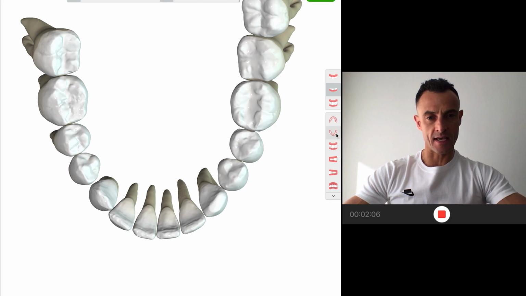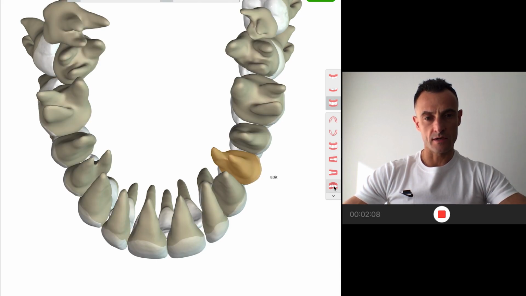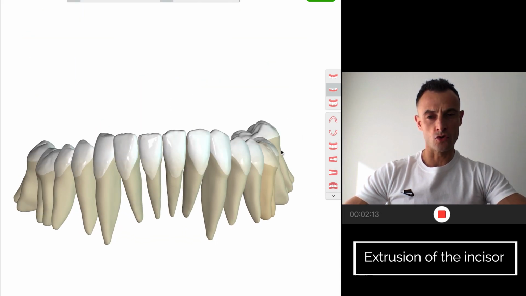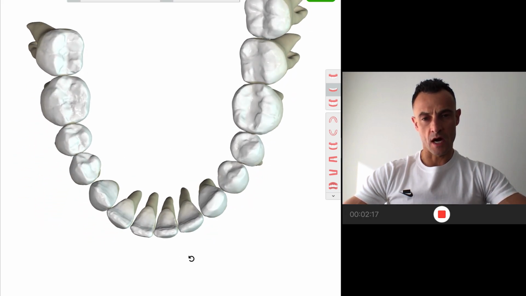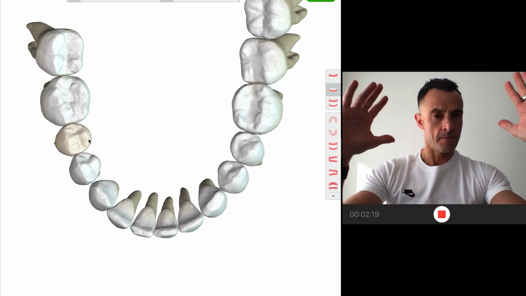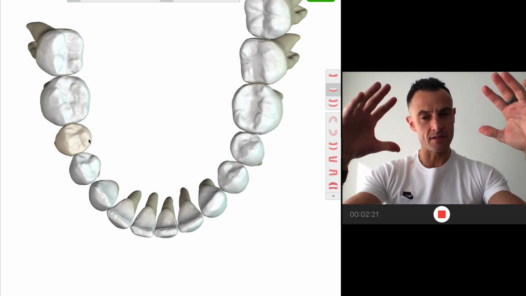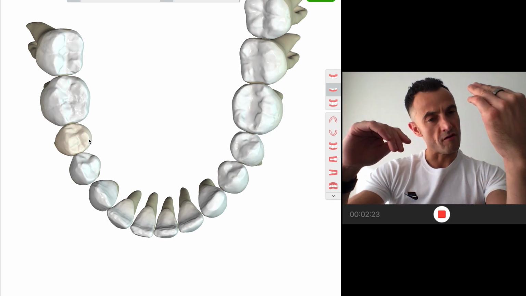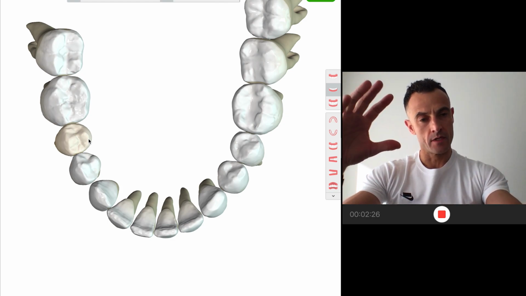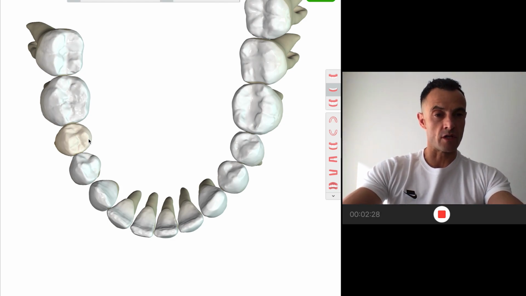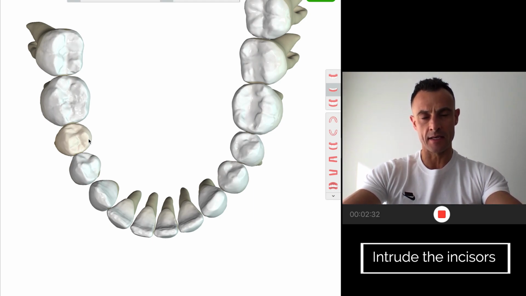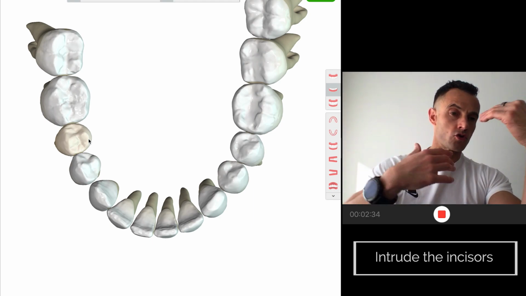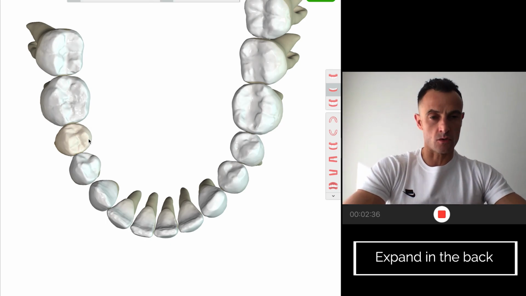In this case, the cause is the extrusion of the incisors. And why are the incisors extruded? Because the arch is narrow, so the compression of the buccal segments is pushing the lower incisors to the front and extruding them. So the way to reduce the curve of Spee is going to be uprighting the buccal segments, so expanding in the back, and also intruding the incisors, but not extruding the premolars.